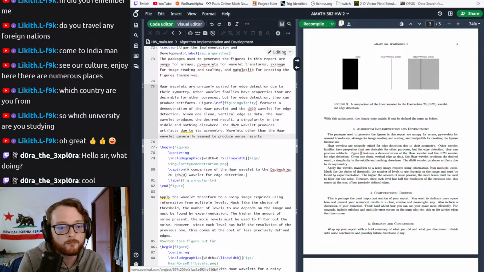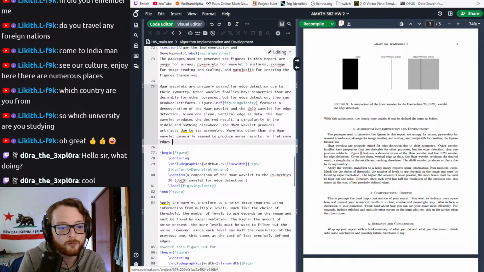Results in that some edges are lost in the noise and other edges are... what are other edges?